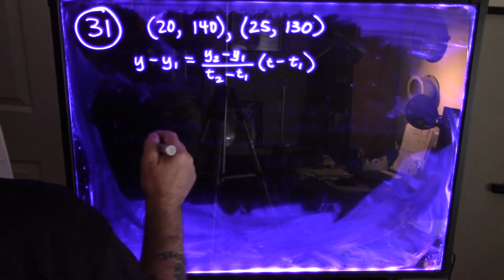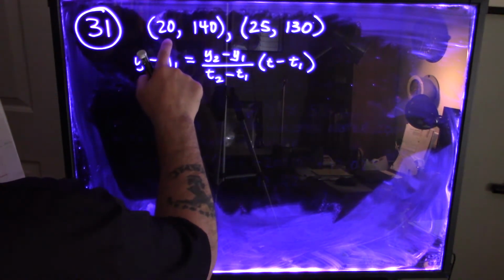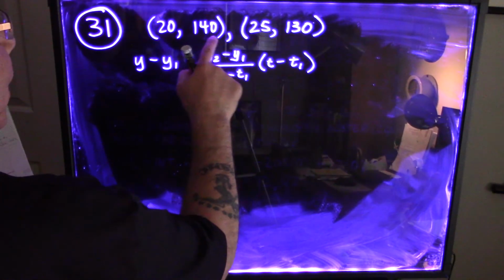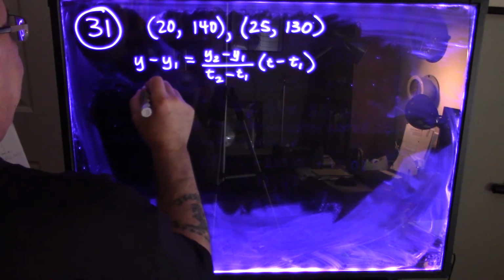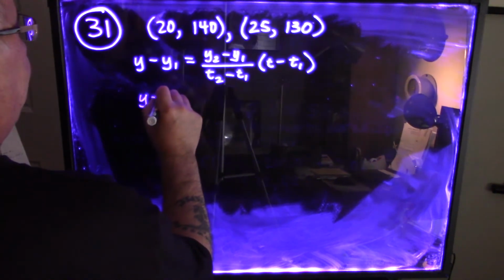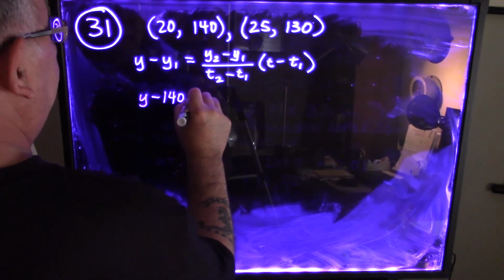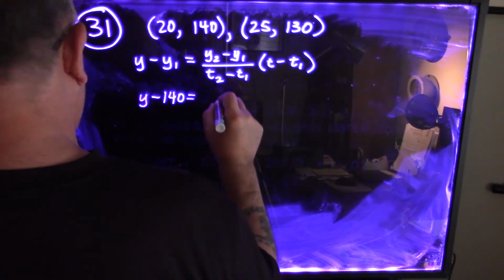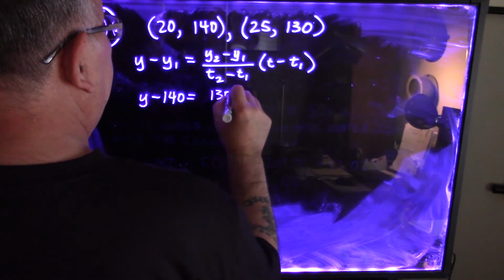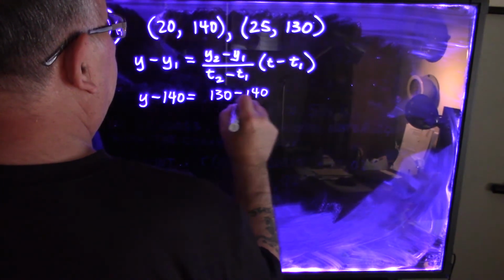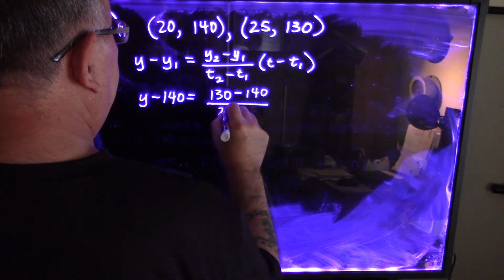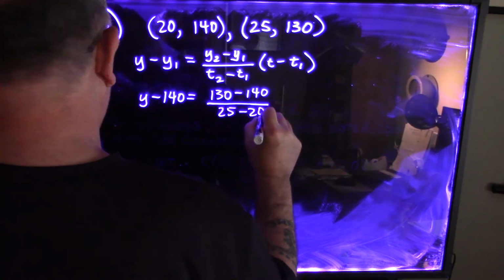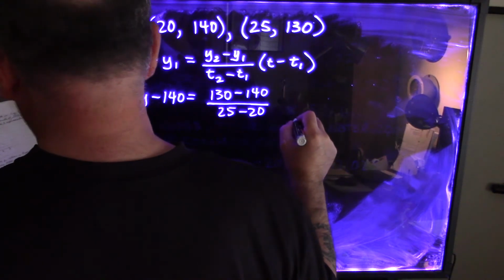So here's t1, y1, t2, y2. We've got y minus 140 is equal to 130 minus 140 over 25 minus 20 times the quantity t minus 20.